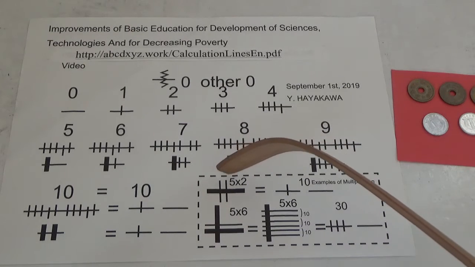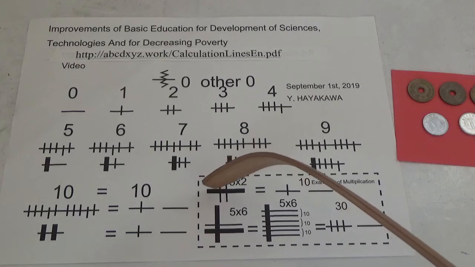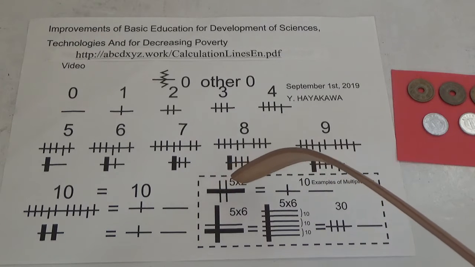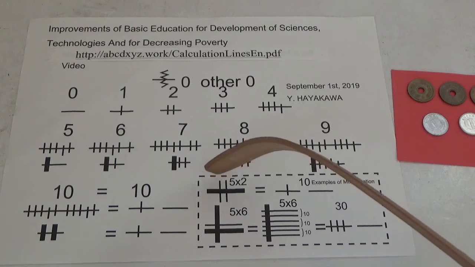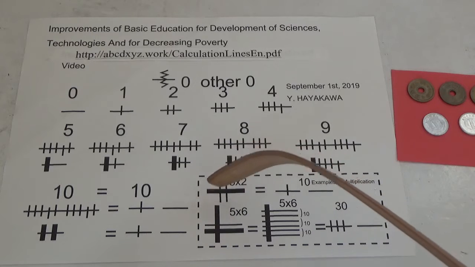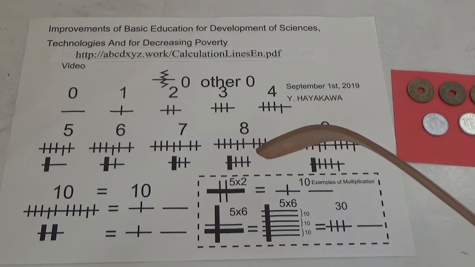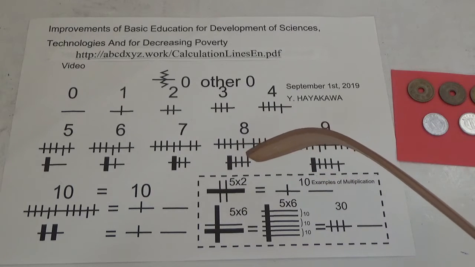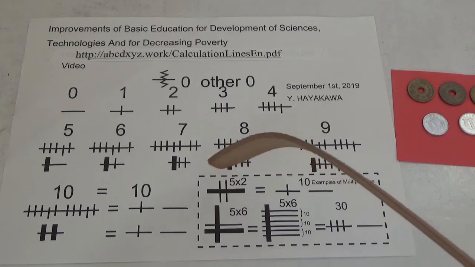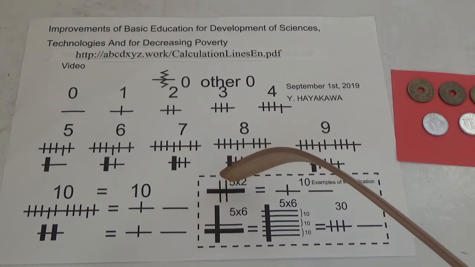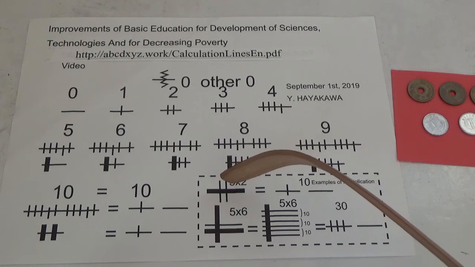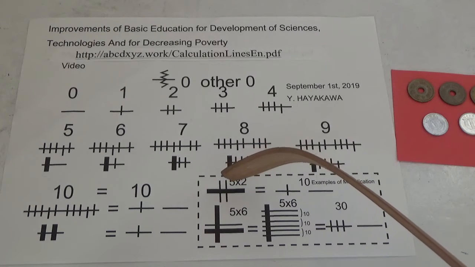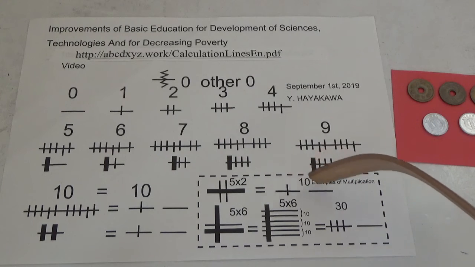And this is thin 5 line and 2 thin lines crossing. It is a kind of multiplication. It is 2, 5, that is 10.